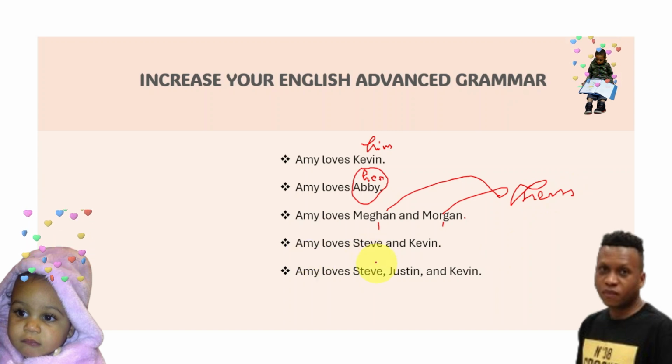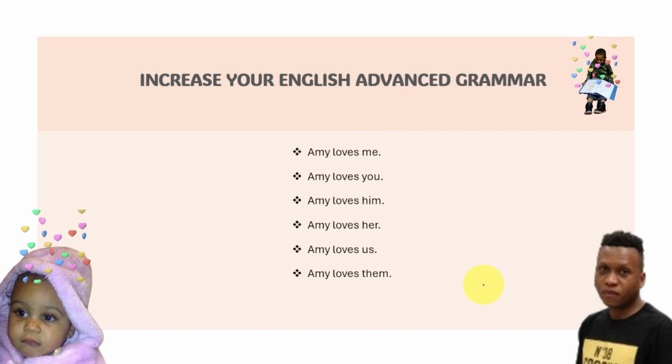So we have Steve and Kevin equal them. Amy loves them. Amy loves Steve, Justin, and Kevin. Amy loves them, because we have one person here, two, three, so it's them.